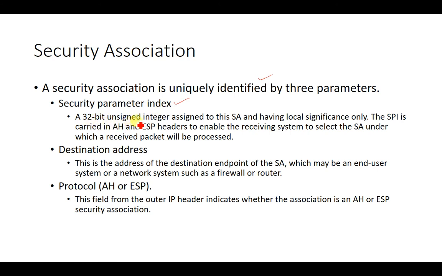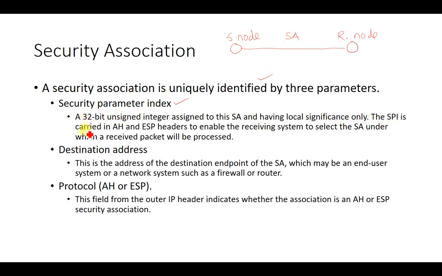It is a 32-bit unsigned integer assigned to this SA. If this is the S node and this is the R node, and between them a security association, or a logical connection, has been established, then a 32-bit unsigned integer is assigned to this SA, having only local significance between both parties.